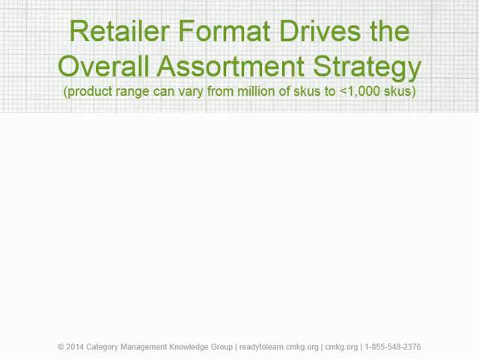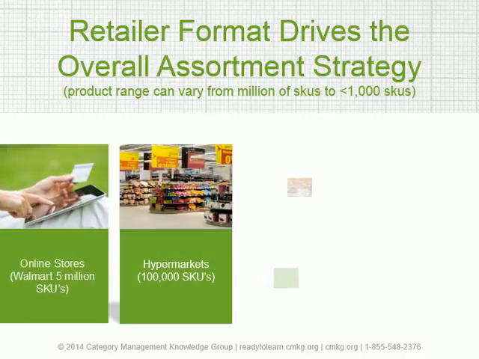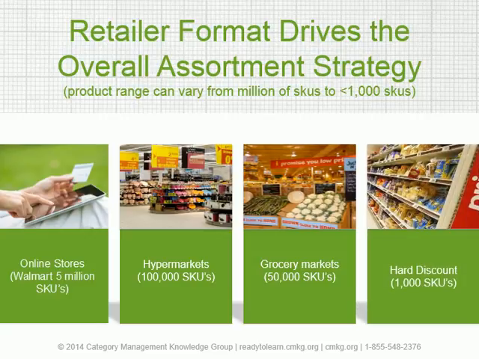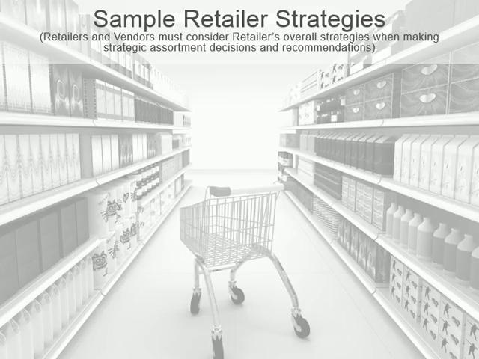Assortment can vary significantly across retailers based on the industry that they're in, as well as on their format strategy. Obviously, the format strategy significantly impacts the assortment strategy based on the number of items that will fit within each of these formats. Based on these format differences, as well as the different target consumers, retailers will have different strategies when it comes to assortment.